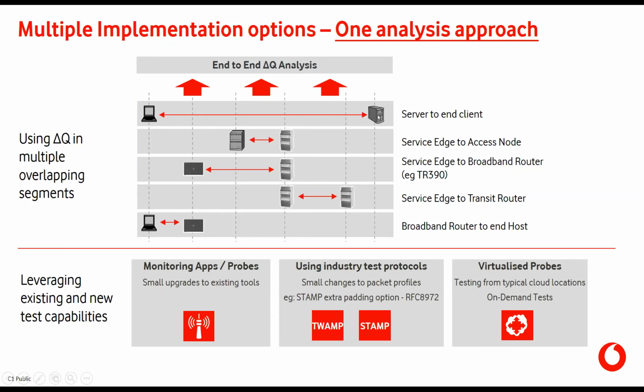Those techniques don't necessarily use the techniques I've talked about below, but we've done proof of concepts using WebRTC to understand and monitor those. It was relatively straightforward to implement and see if we can pull out some analysis for delta Q at the application level.